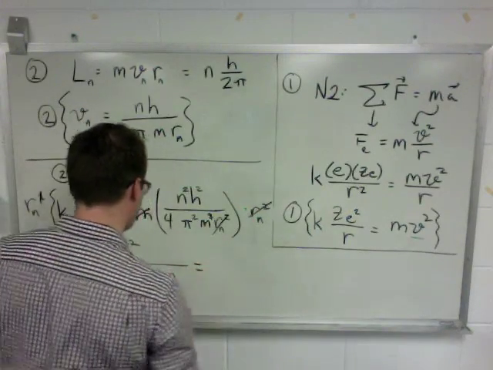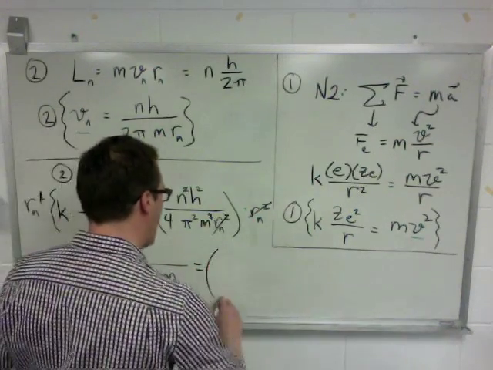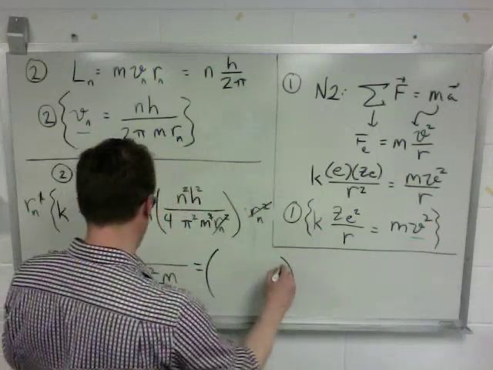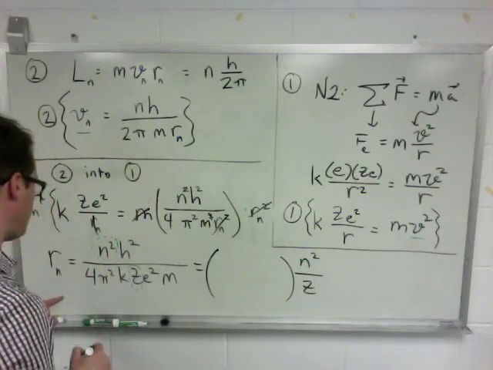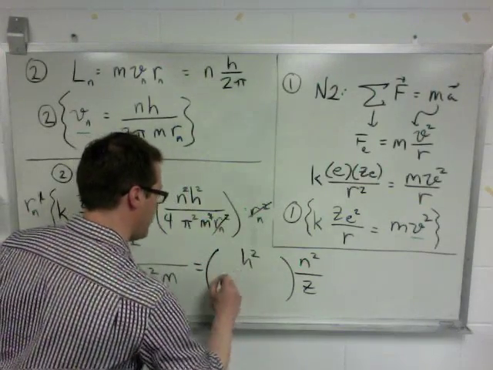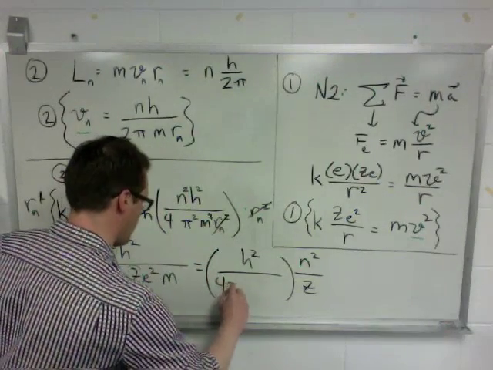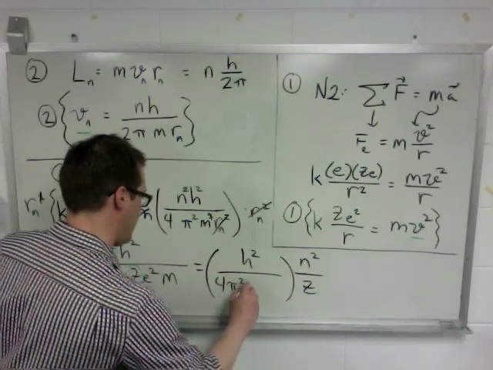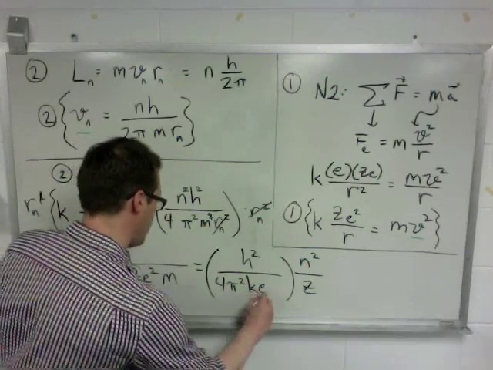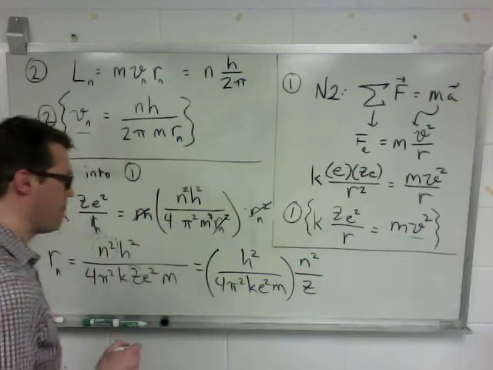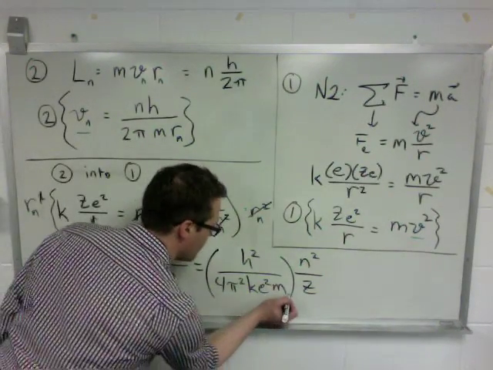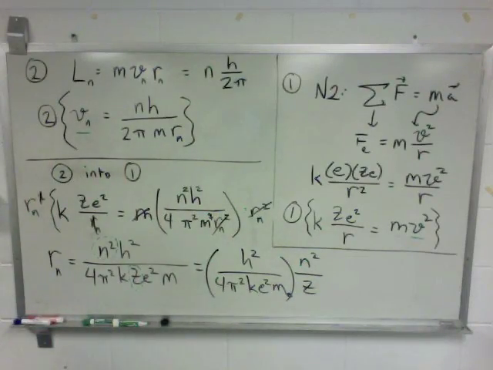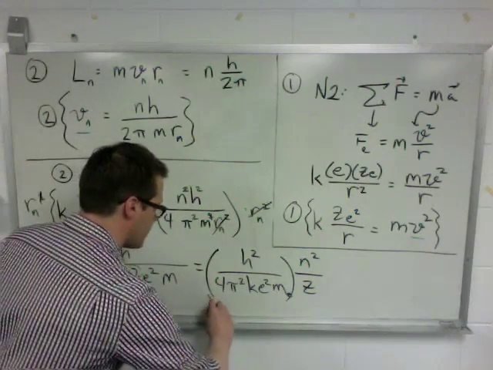So if I factor these out, I've got n squared over z, and I've got h squared over 4 pi squared k e squared m, where m, remember, is the mass of the electron in this case. And all of these things are constants.